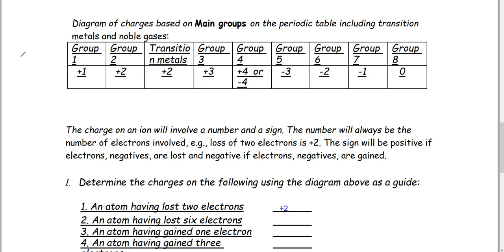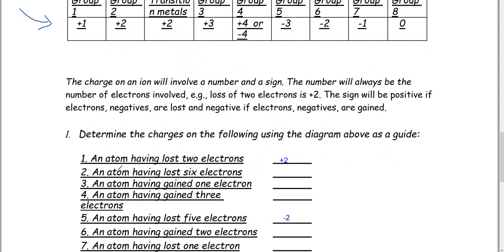Now take a look at the diagram provided for you. An atom having lost 2 electrons. Remember, when you lose electrons, you will have more positive than negative.